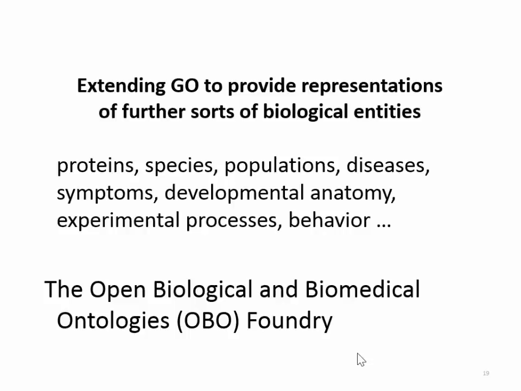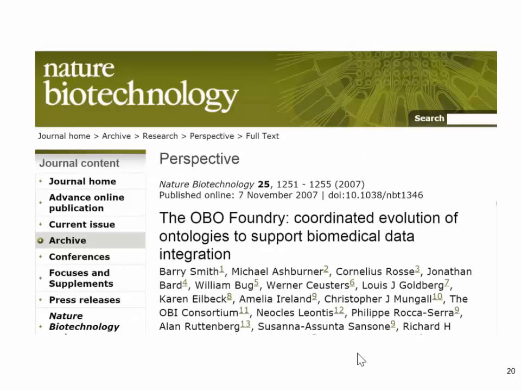And we created the OBO Foundry, which was described in this paper published in 2007, which has co-authors not just from the gene ontology community and from the foundational model of anatomy community, but also from what became the OBI, Open Biomedical Ontologies community, and so on.